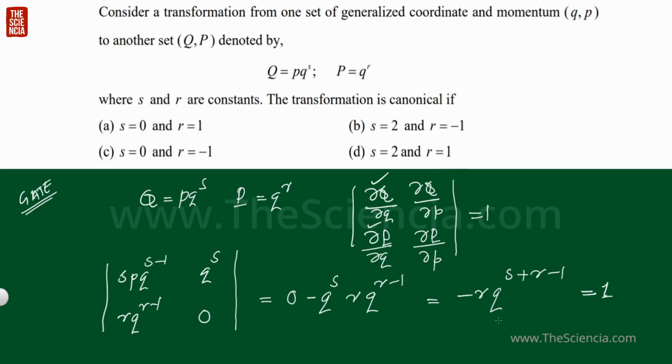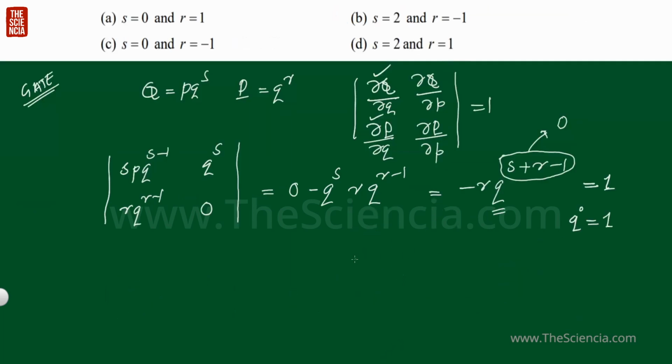So for this equation to be equal to 1, we have to eliminate this Q. And we know Q raised to 0 or any term raised to 0 will be equal to 1. Okay, so this total term is equal to 0. Then we can remove this Q. So this will be equal to 0. That is S plus R minus 1 equal to 0.